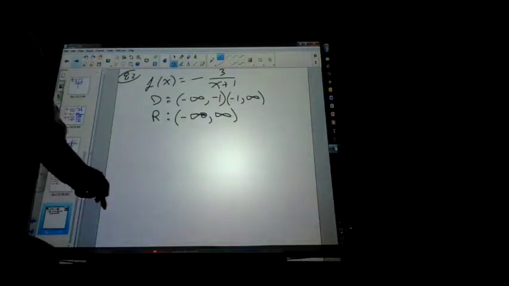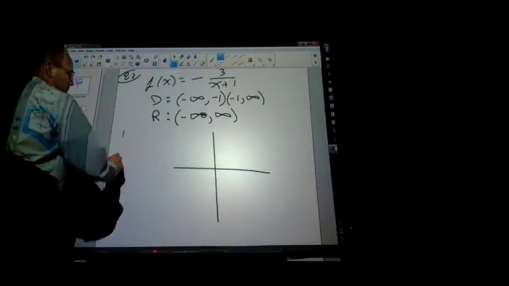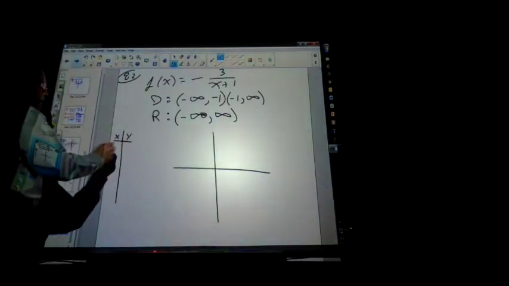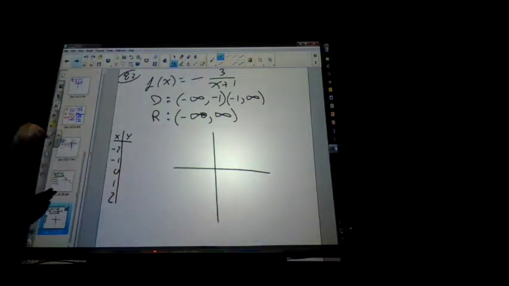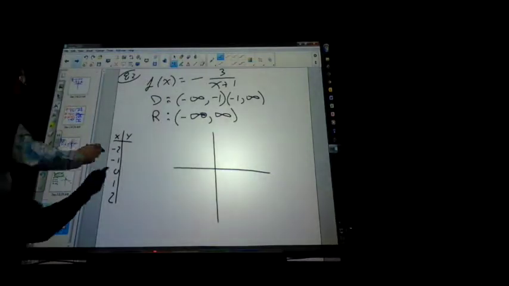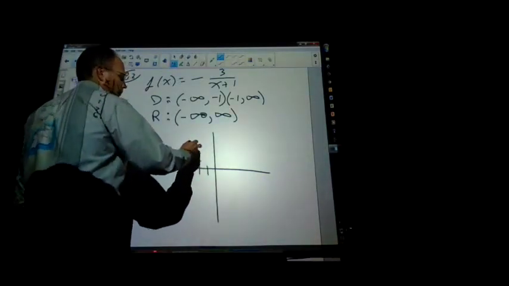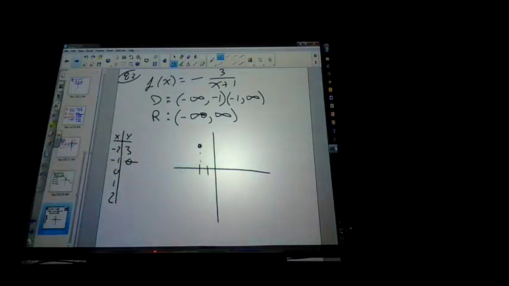So if I were to graph this using the calculator, I'd probably use a t-table because I can't see it right away. And I might go -2, -1, 0, 1, and 2. Plugging the values in quickly. -2 plus 1 is -1. 3 over -1 is -3. -3 gives me +3, so I'm going to get -2, +3. This is not going to work. It's got to be an asymptote.